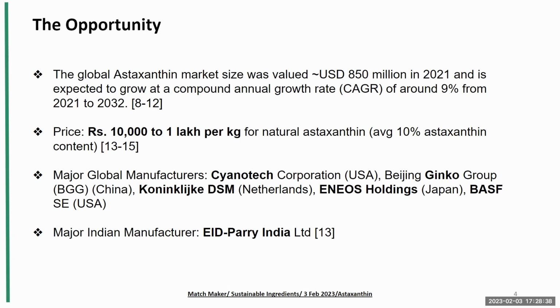Major global manufacturers are from the US, China, Europe, or Japan. Whereas in India, EID Parry, a Tamil Nadu-based company, is producing astaxanthin through whole cell material, not purifying it from the microalgae.